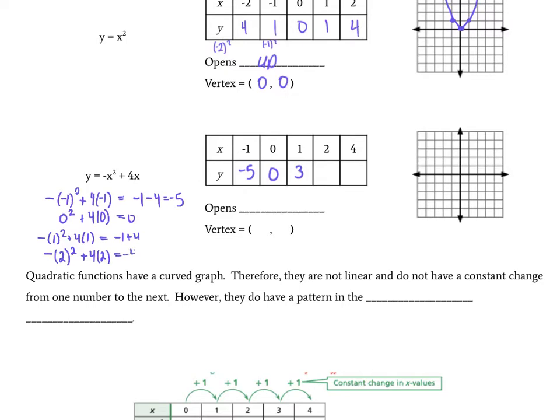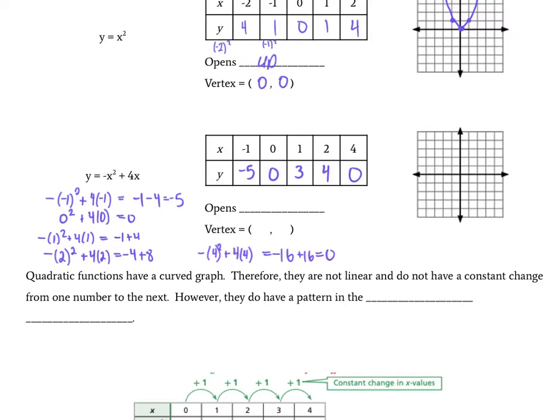So this would give me negative 4 plus 8. And lastly, if I plug 4 in, I get negative 16 plus 16 equals 0.